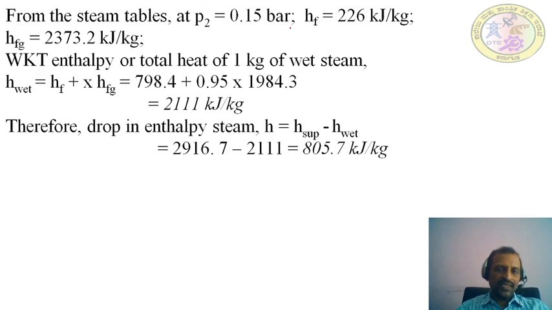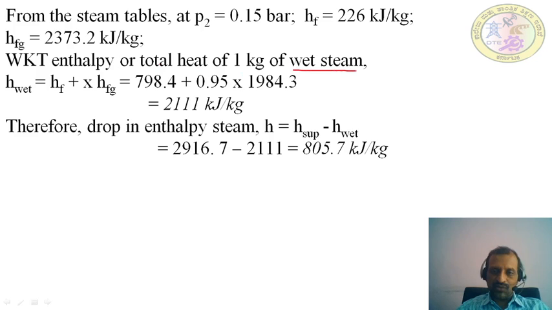On page number 7, you refer to 0.15. That is the value of hf. hf is 226 kilojoules per kg. hfg is equal to 2373.2 kilojoules per kg.